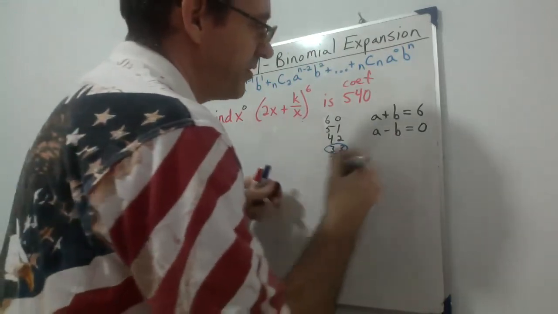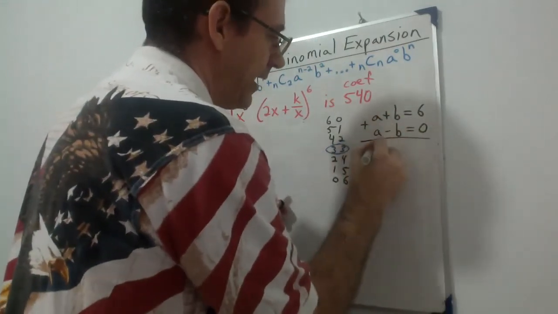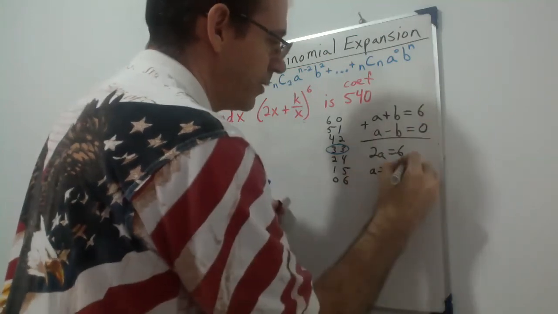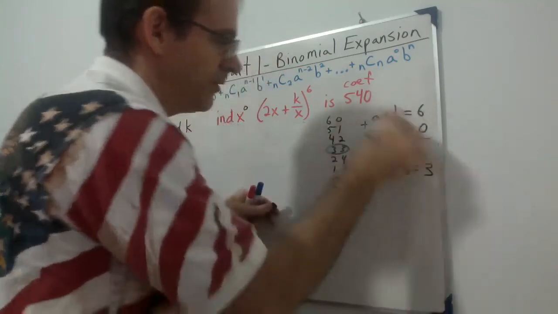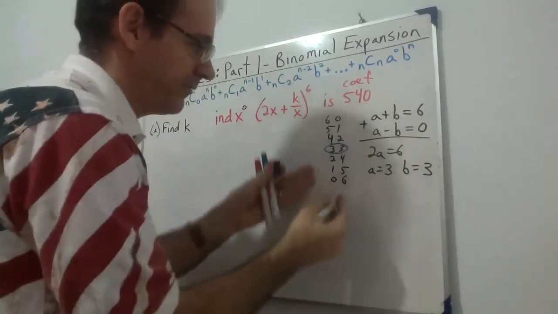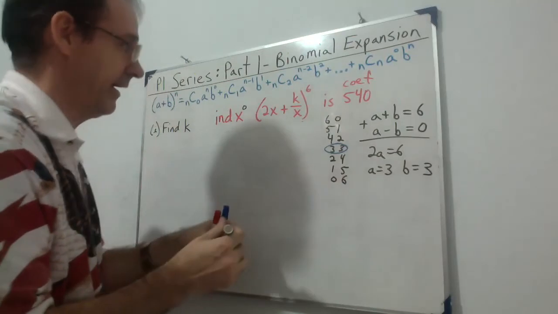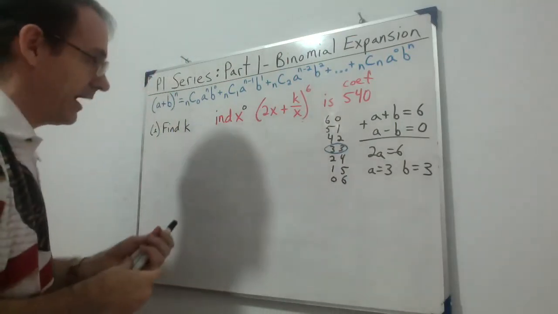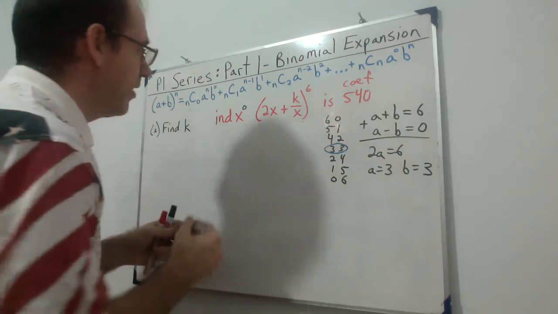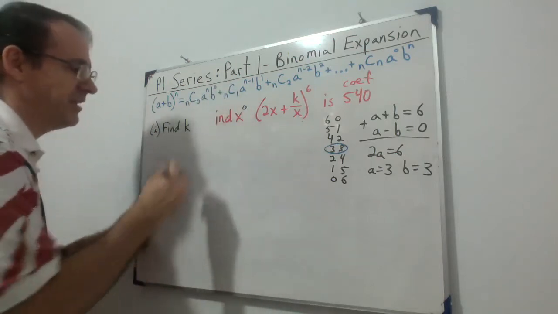If you solve this the algebraic way, you add, 2a equals 6, a equals 3, therefore b also equals 3. So if you're fast at algebra, you can do it like this. And if you'd rather do it mentally, you do it like that. So now what we want to do is we want to work this out with our formula nCr.